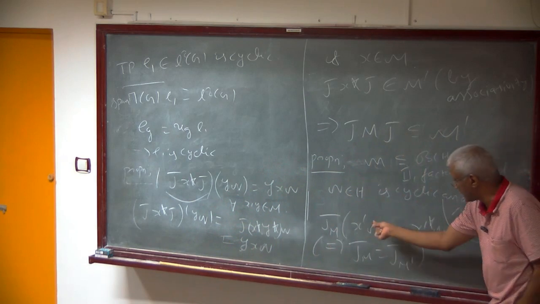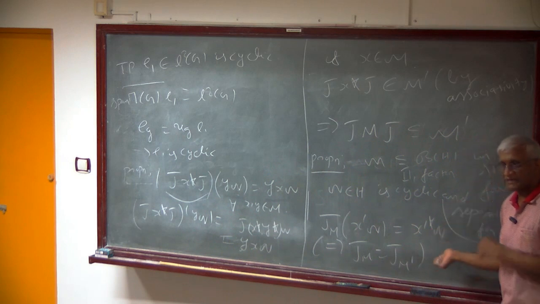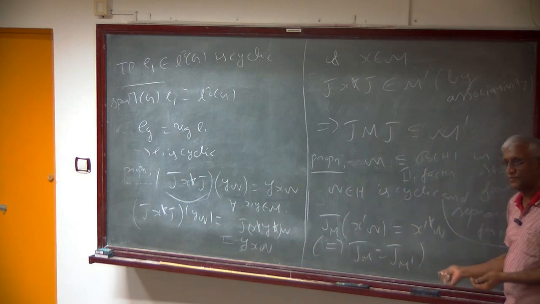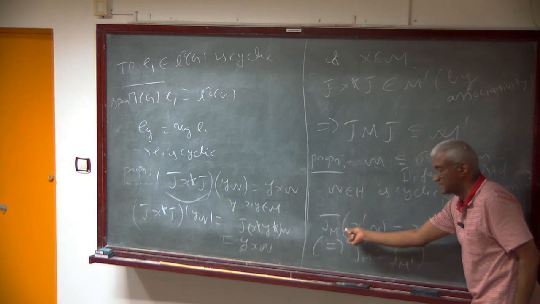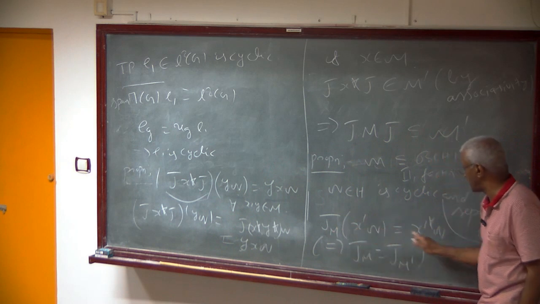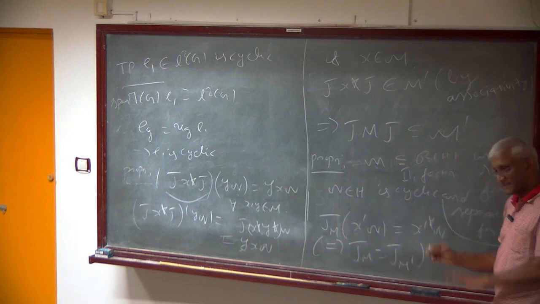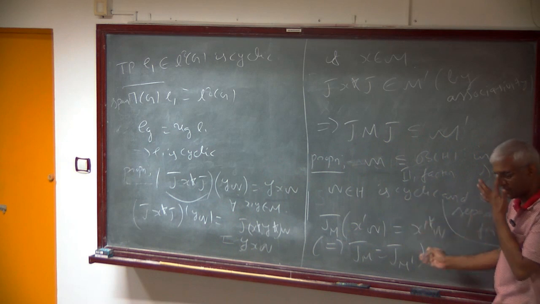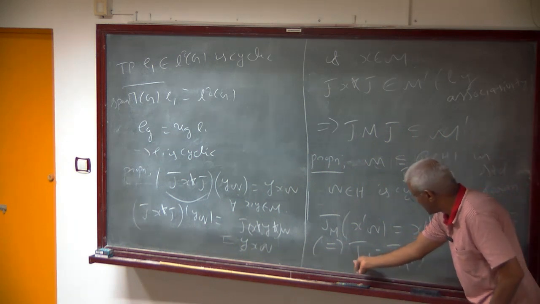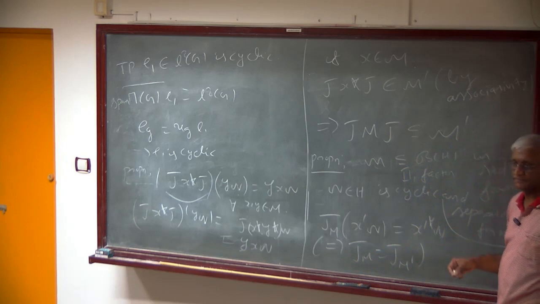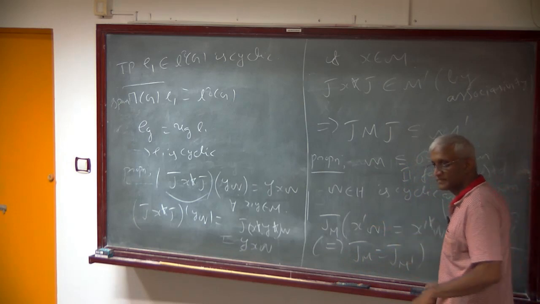So omega is cyclic and separating for M prime also. Now, if I prove J_M of x prime omega is x prime star omega, that is what I want to prove. The theory is beautiful, but the proofs are very simple. Then J_M is equal to J_M prime. That's what this implies.